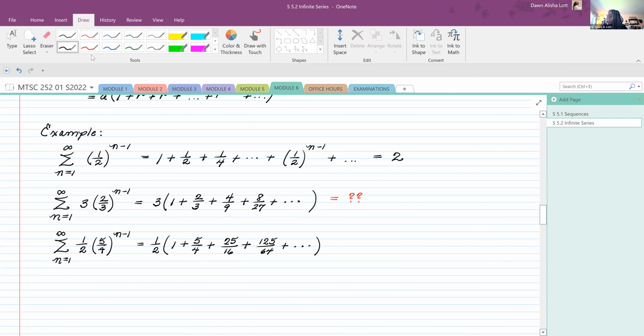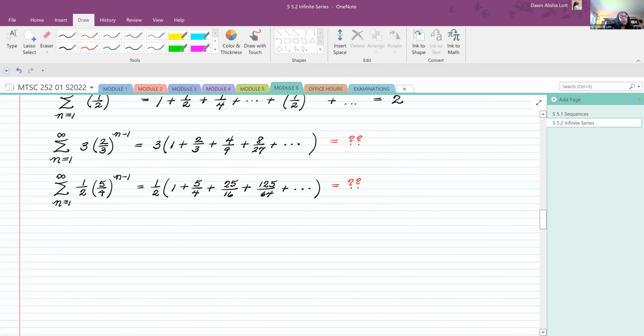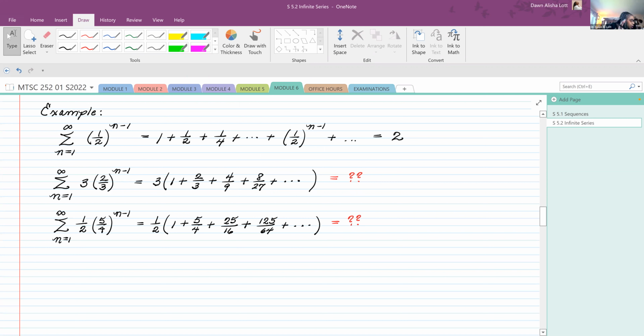Again, at present, we haven't figured out whether or not this one actually converges. Okay, so we're going to prove that this particular sequence actually converges or diverges under particular circumstances.